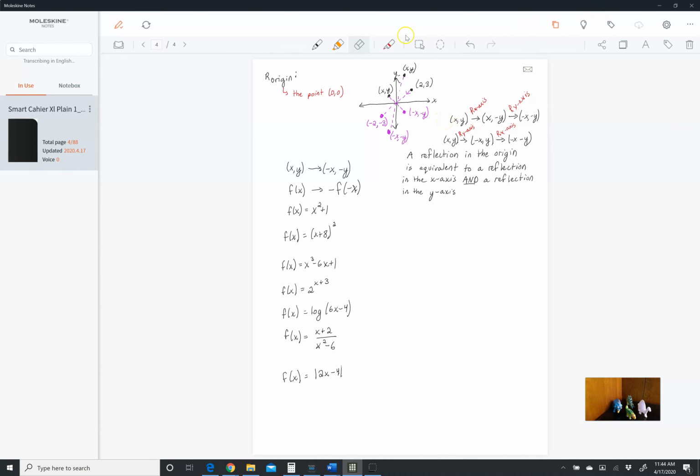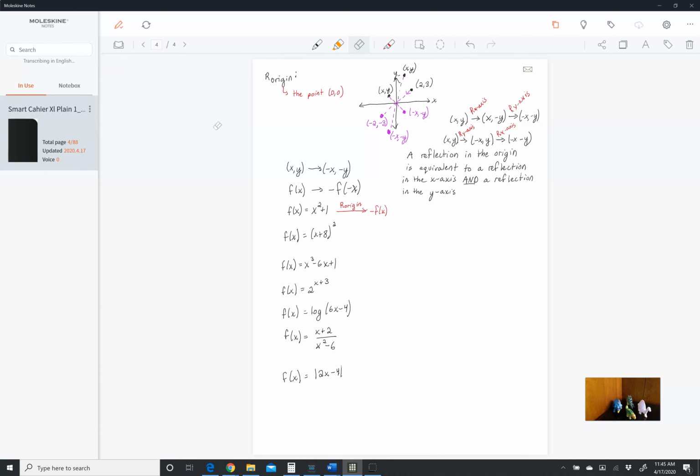Okay, so let's do this. So we're going to reflect this in the origin. We can do it all at once, or we can do it one at a time. Let's start by doing it one at a time. You can do negative f of negative x if you're really comfortable with this, okay? I'm going to do negative f of x first, and then take that and reflect it.